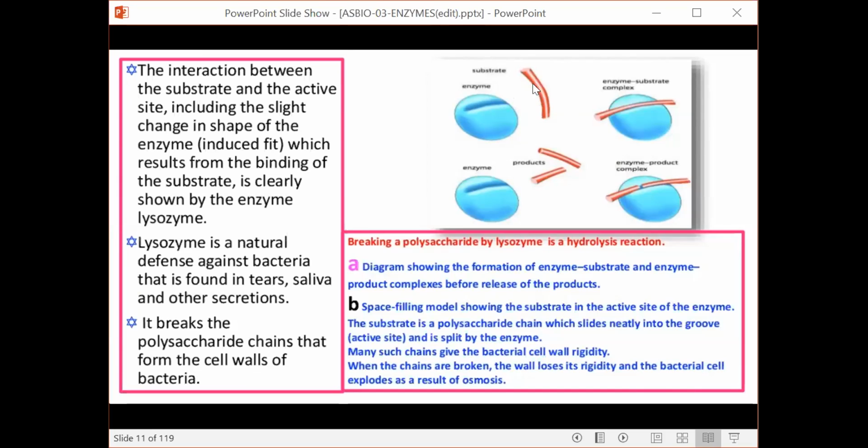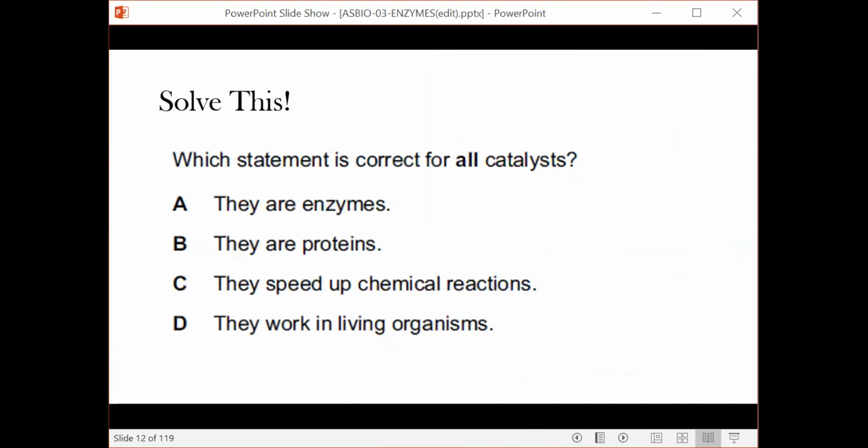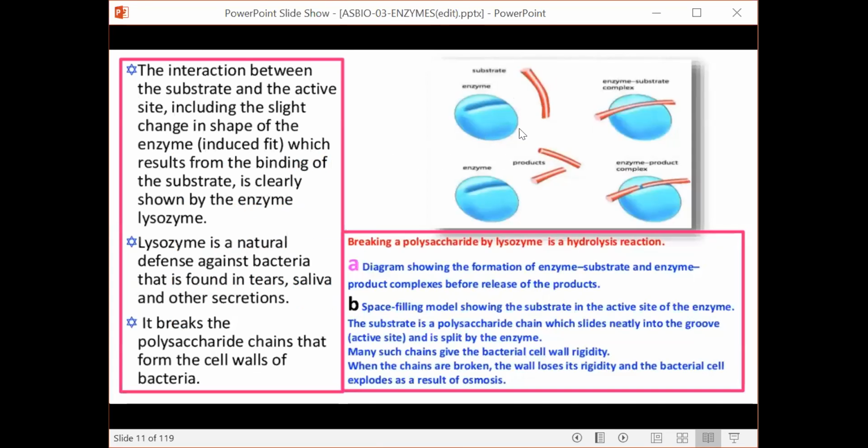It may not fit exactly. The substrate slides into the groove, but the groove shows a little bit of adjustability. Then the product is formed, the chain is broken down, and a new carbohydrate can be brought in as a substrate and broken down. This is an example of how an enzyme works in hydrolytic activity.